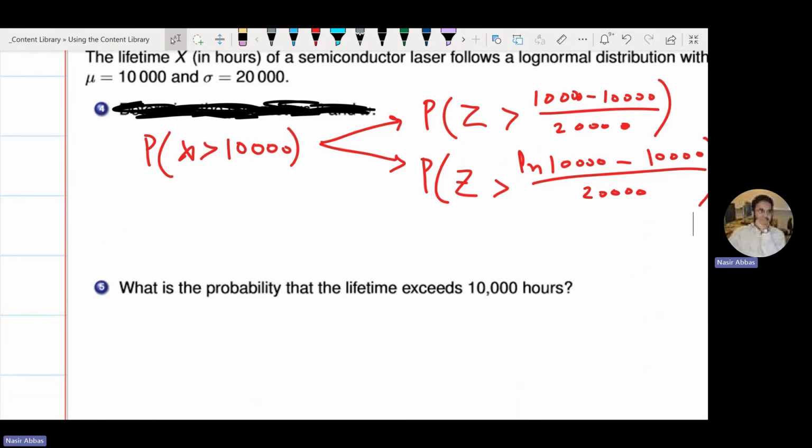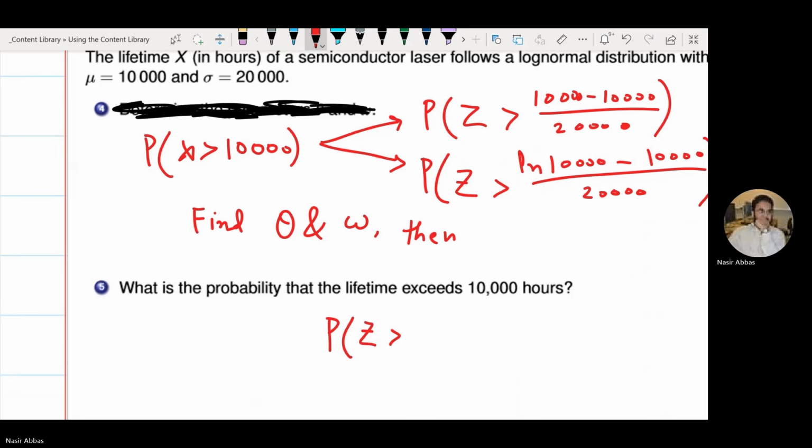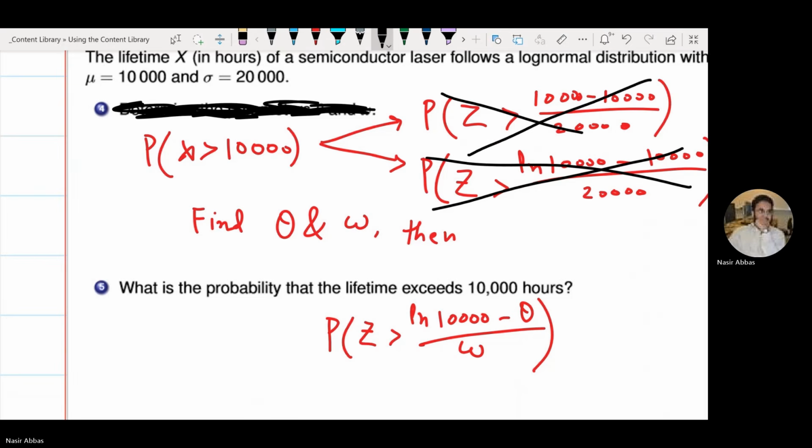Then if you are able to find mu and theta, then standardize it this way. This is the correct way. And the thing I did is I solved it this way, and these two answers were there in the choices.